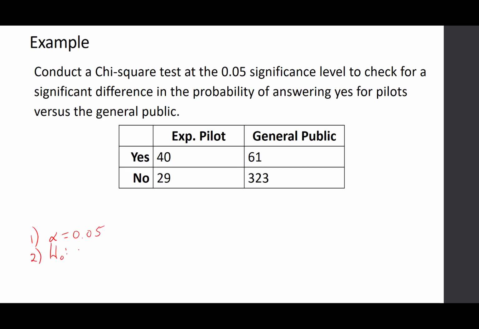The null hypothesis is that the probability of a yes, given that you're a pilot, equals the probability of a yes, given that you're a member of the general public, against our alternative, that those probabilities are not equal. So the probability of yes, given you're a pilot, does not equal the probability of a yes, given that you're a member of the public.